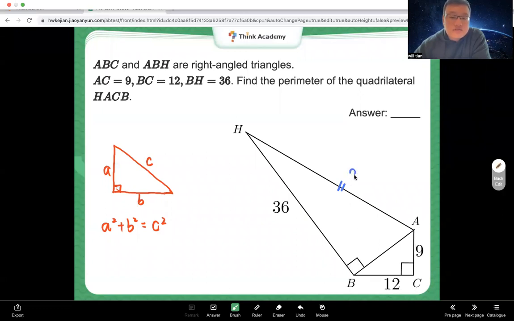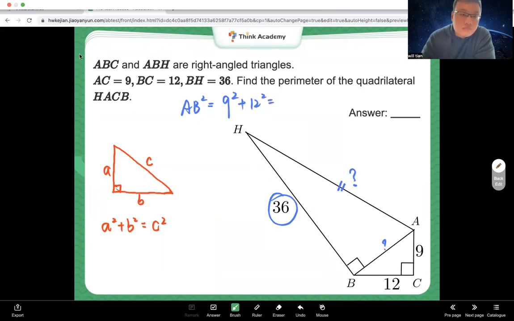If you want to get the length of this side, you have to know the other two sides. And you are already given this one is 36. So what's the length of this? To get that, AB squared. As we know, in triangle ABC, AB squared equals AC squared, which is 9 squared, plus 12 squared. All right, guys, tell me that equals what number? 81 plus 144.